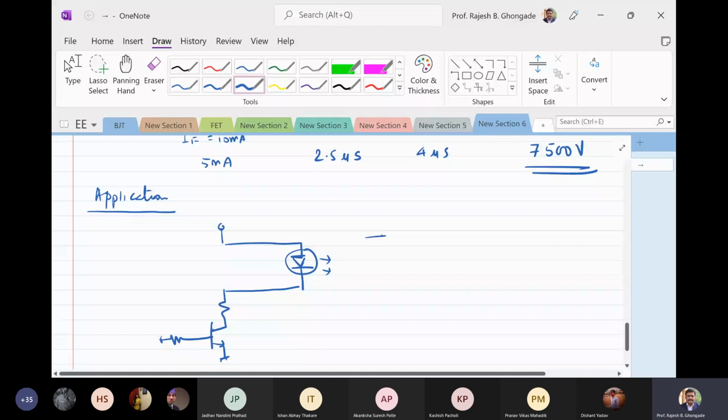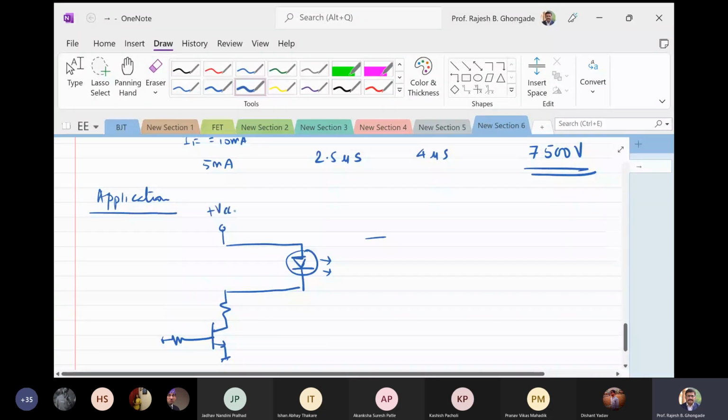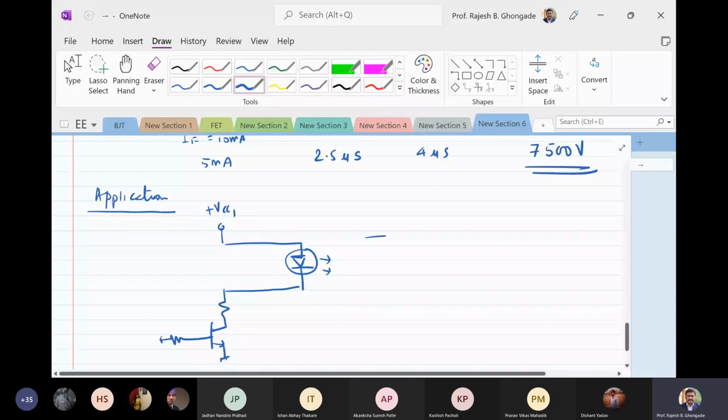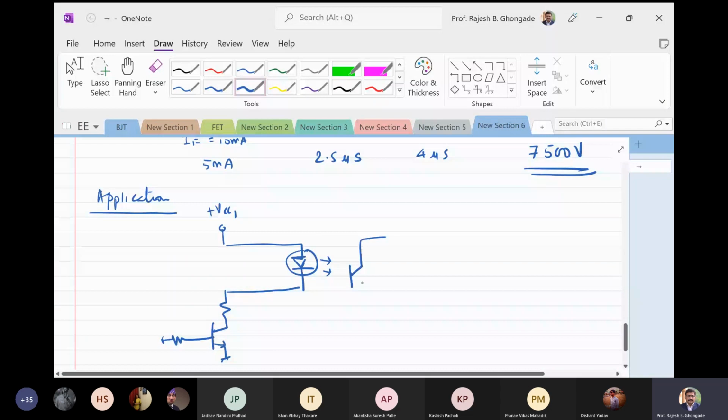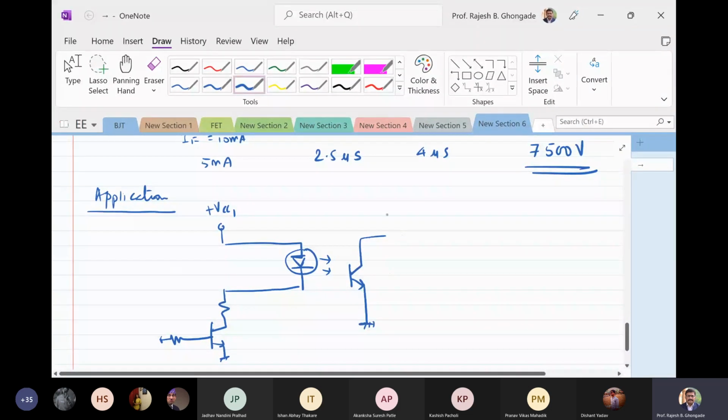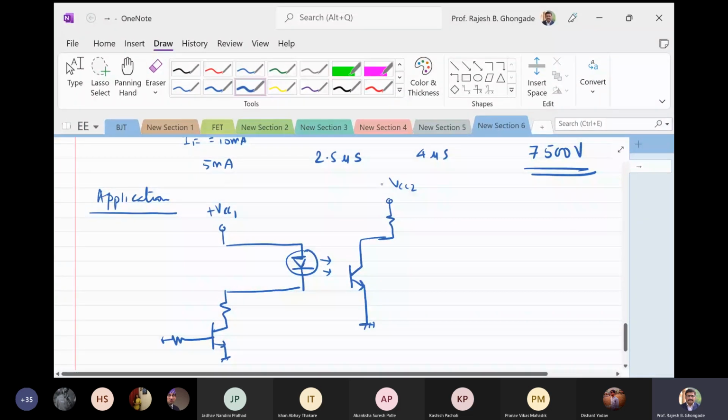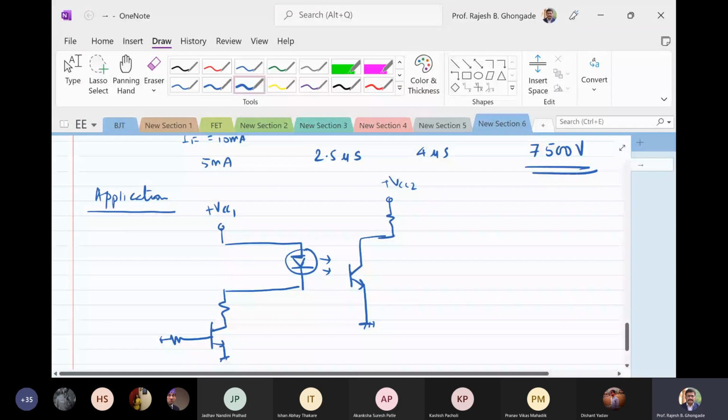Then I have this, your supply VCC1, and you have the opto isolator. This is VCC2, and you may have the output like this. And this is your output supply.